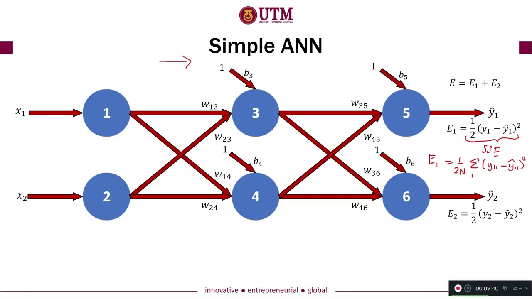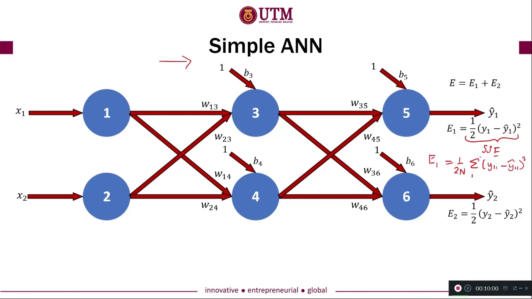So this is MSE. But in my example, because we want to talk about the bigger picture of this mechanism, I limit the scope. Assume that I'm using SSE to develop my cost function, not MSE.